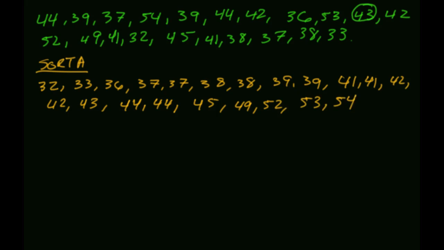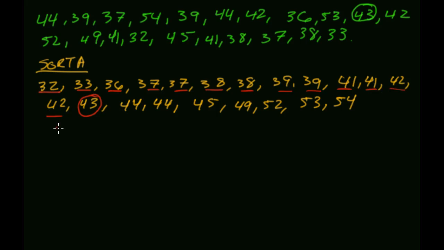Our data point in question is right there, 43. The number of data points below it are 1, 2, 3, 4, 5, 6, 7, 8, 9, 10, 11, 12, 13 data points below this.